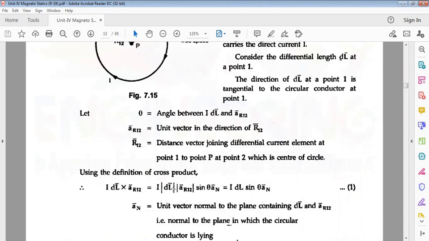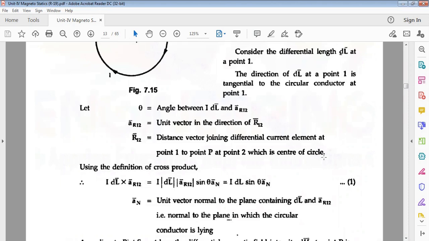Previously, for the infinite straight conductor, we took the differential length on the z axis, dl bar equal to dz a z bar.